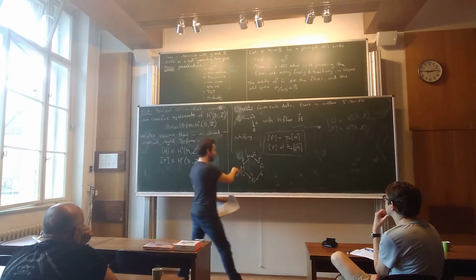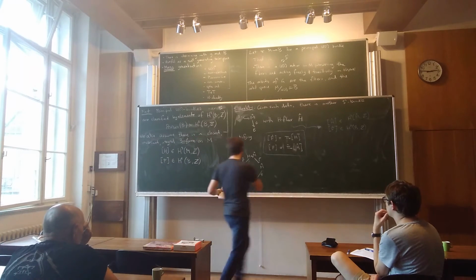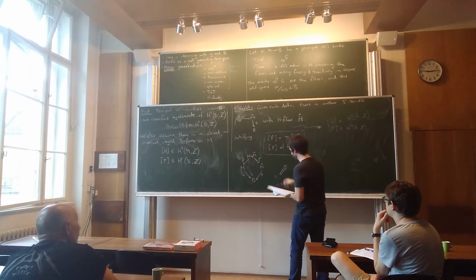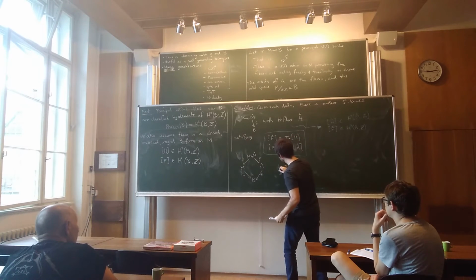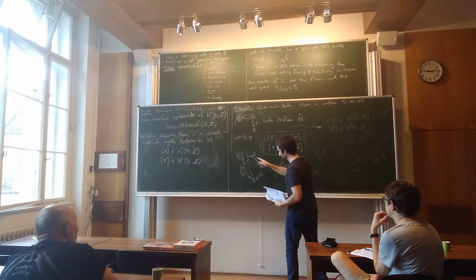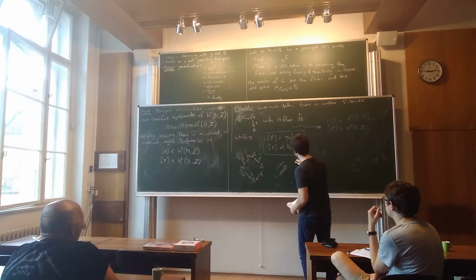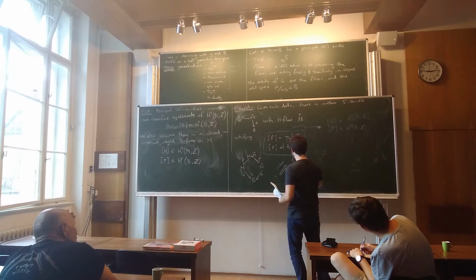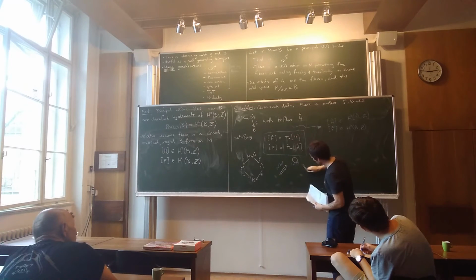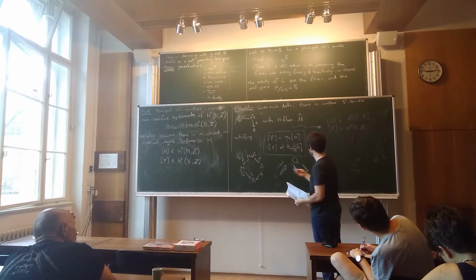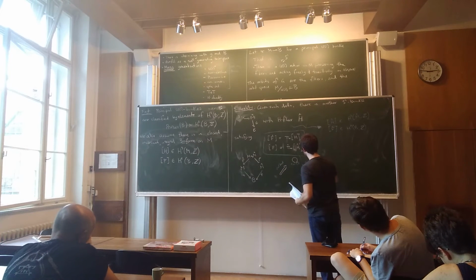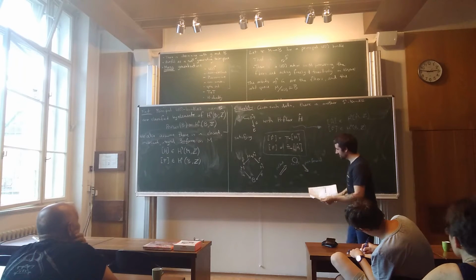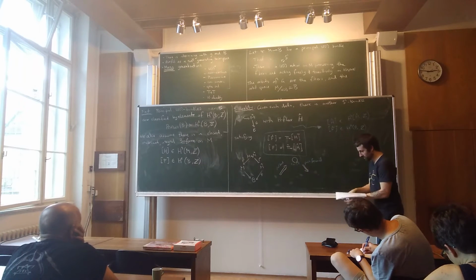You take some geometric quantity of interest in M, you pull it back to the correspondence space, you twist it by something, and then you push it forward down to the dual space. And I'll give you an explicit example of this.